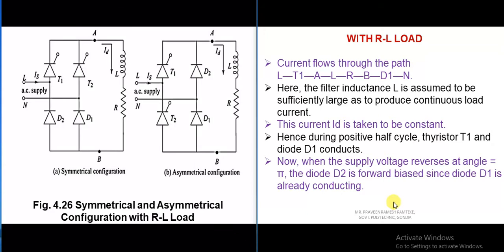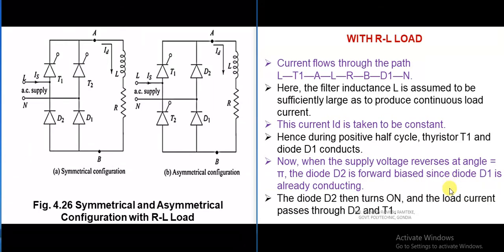So during the negative half cycle, it will start from an angle pi. The diode D2 is now forward biased, and as diode D1 is already conducting, the diode D2 is turned on and the load current passes through D2 and T1.